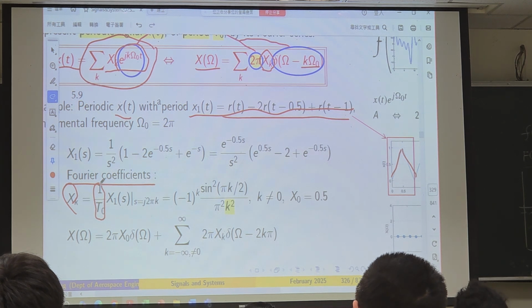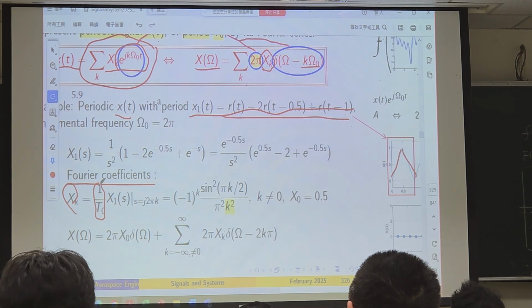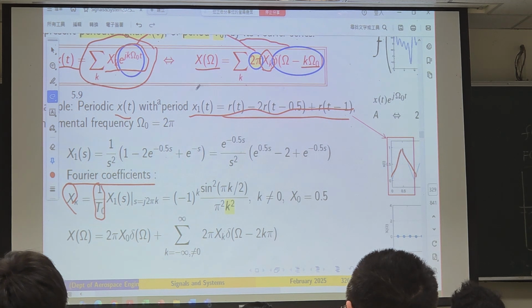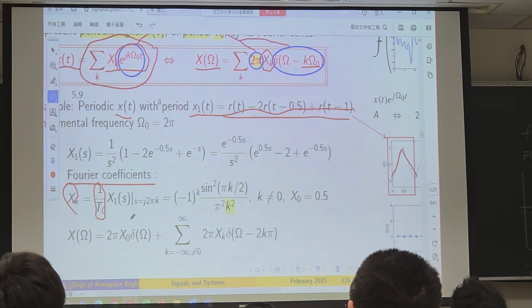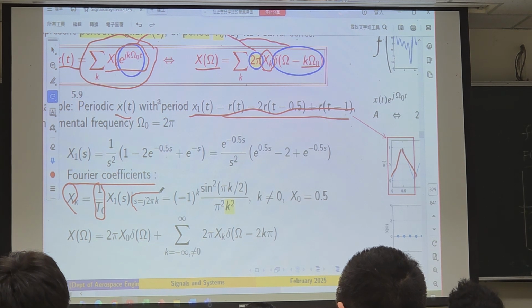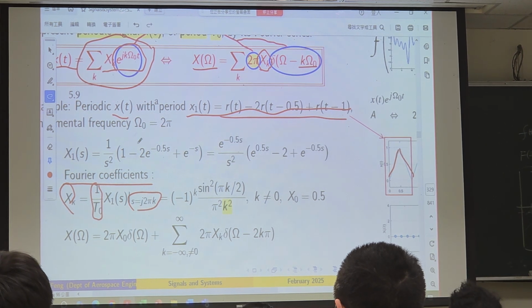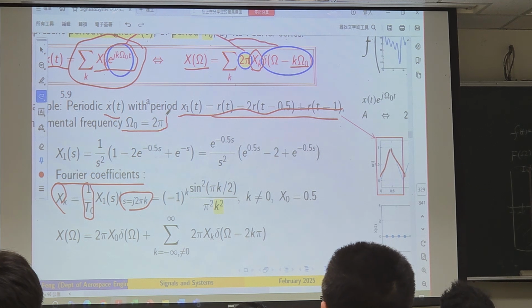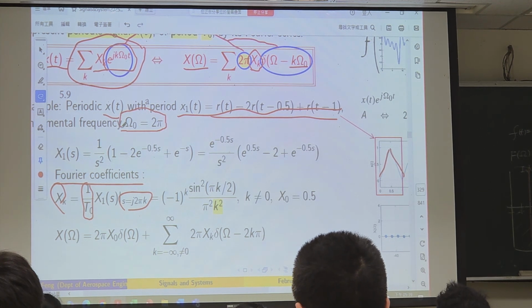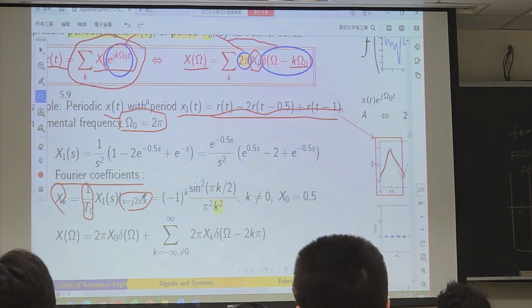This is the coefficient. Kind of we are doing a mean value, right? And times the Fourier transform of this function, x1 of s, and replace s by j times 2 pi times k. Why is it 2 pi? Because the omega sub 0 is 2 pi. Fundamental frequency is 2 pi. So this is the fundamental frequency.